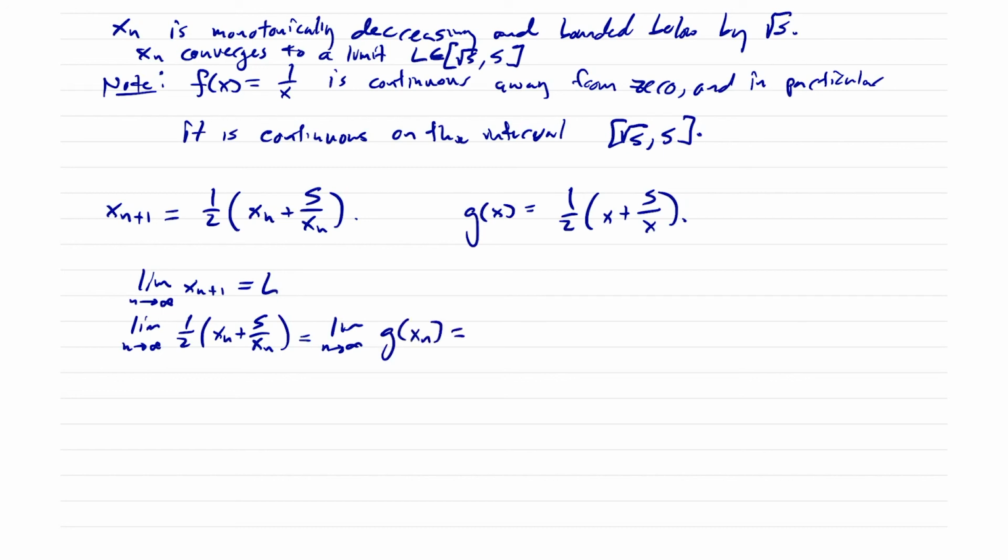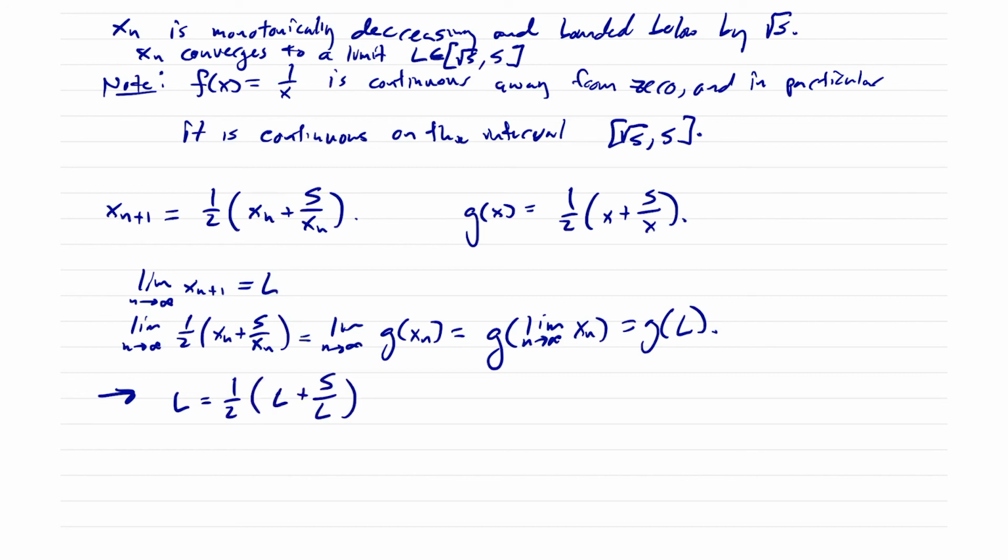Since g is a continuous function, this is the same as g of the limit as n goes to infinity of xn, and so this is g of L. So that tells me L satisfies this relation: L is equal to 1/2 of L plus s over L. Okay, now let's go ahead and solve it.